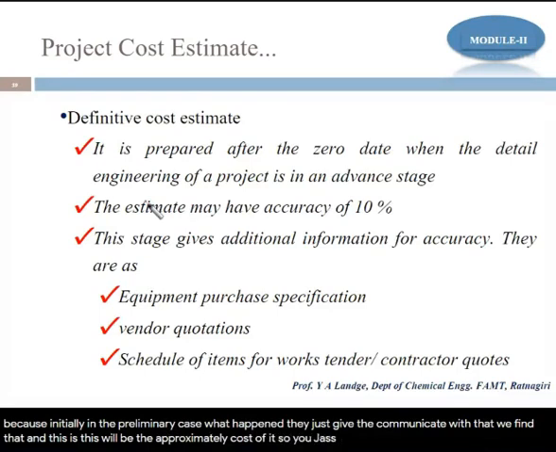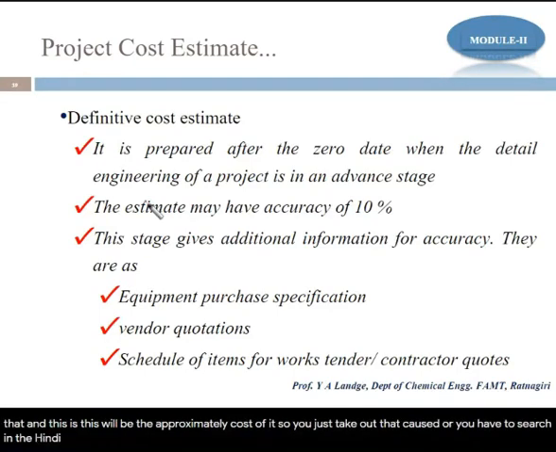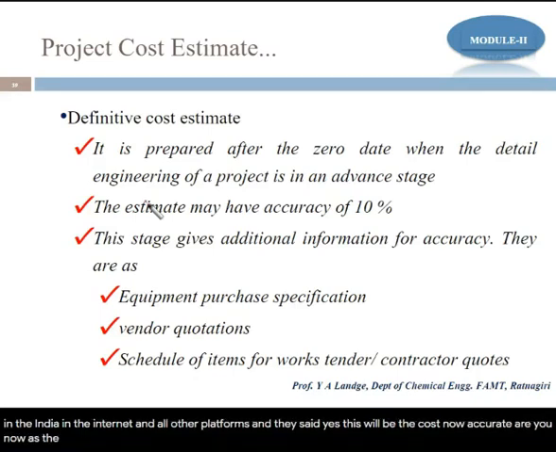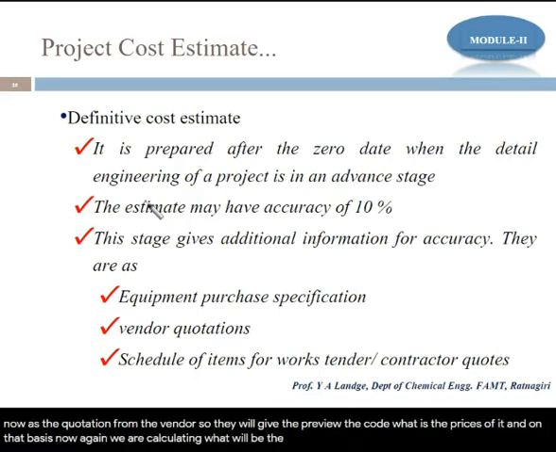So you just take that cost, or you search on the internet and other platforms, and they said yes, this will be the cost. Now to be accurate, you ask for the quotation from the vendor, so they will give the quote, what the prices are, and on that basis now again we are calculating what will be the costing of the project.